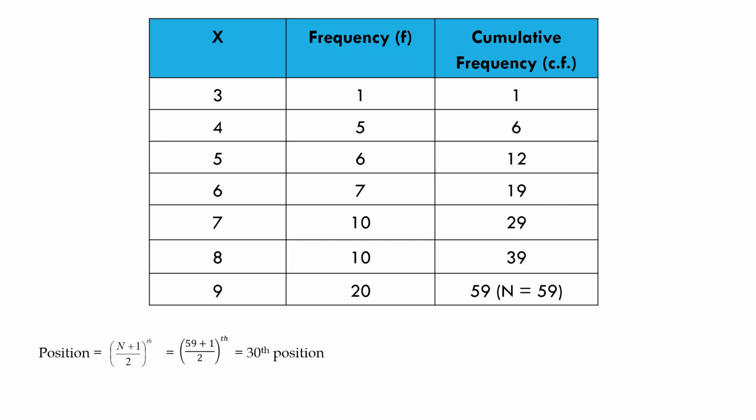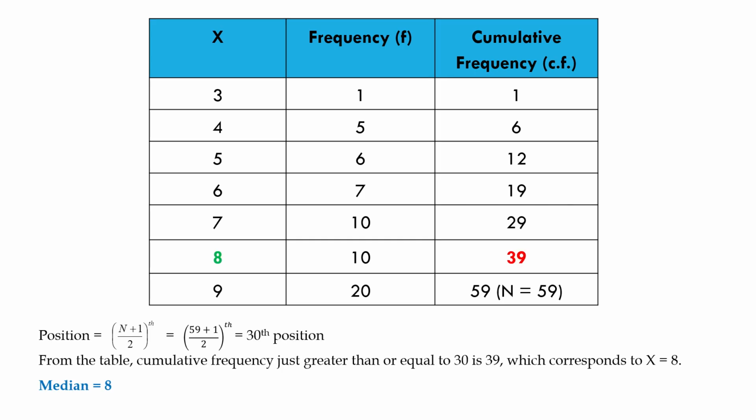So here n equals 59. Next we have to find the position of the (n plus 1) by 2th term. Here n equals 59, so 59 plus 1 is 60, by 2, that gives the 30th position. From the table, we find that the cumulative frequency just greater than or equal to 30 is 39.